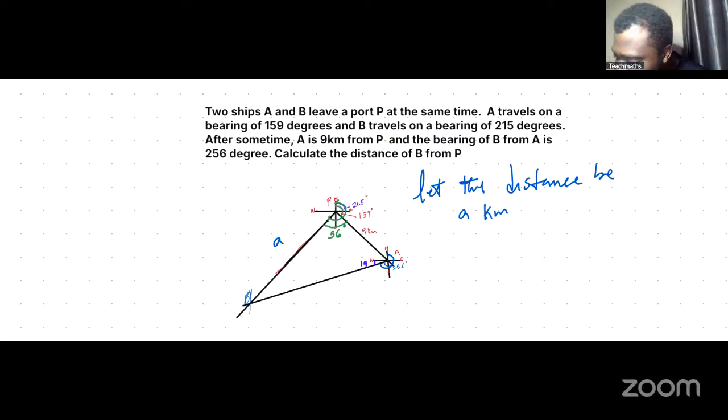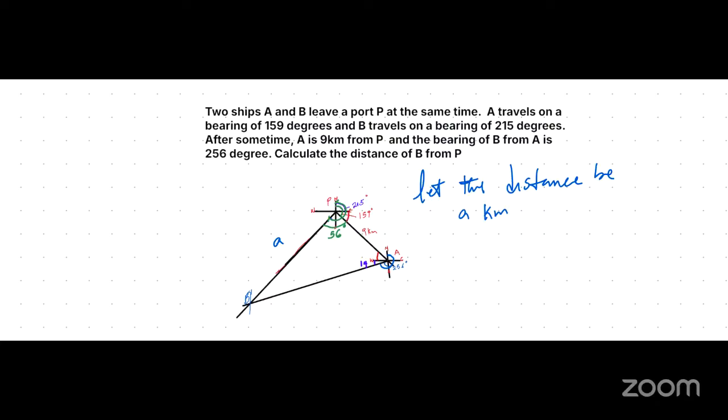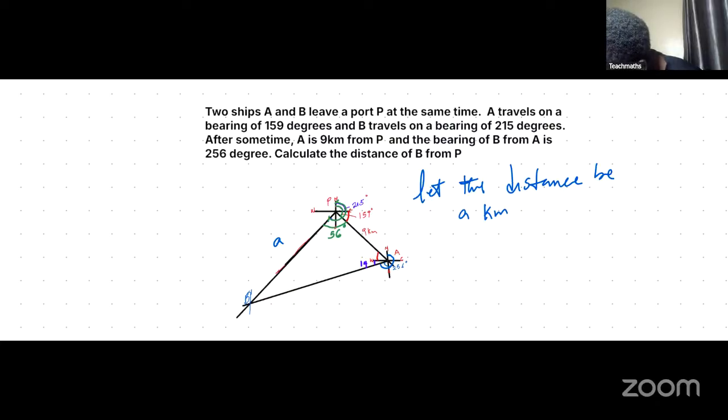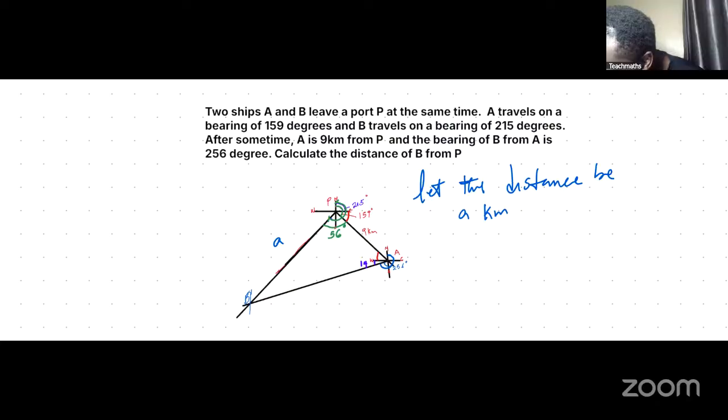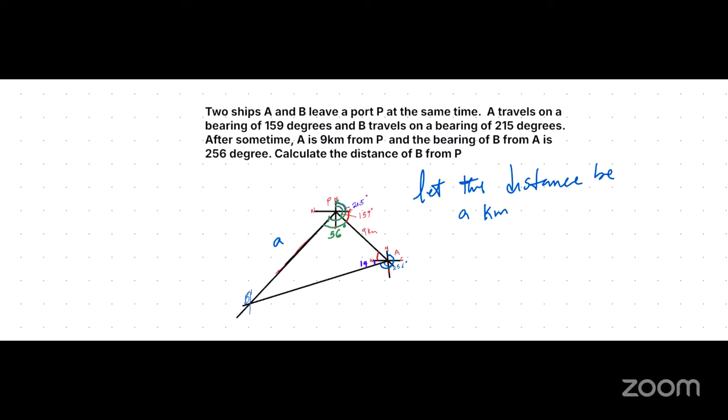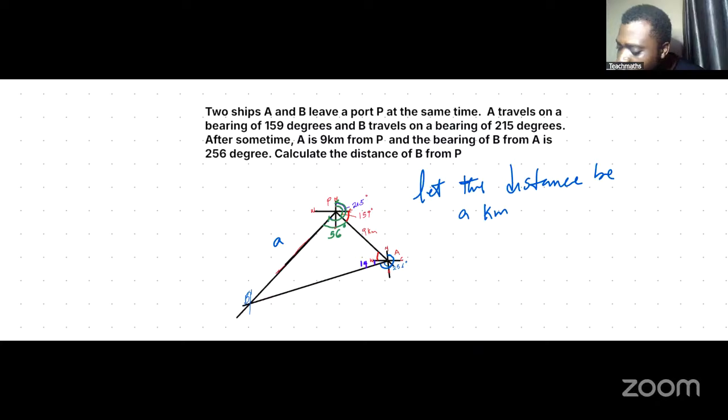Now this angle here, let me use this color. This red angle and this red angle here, I suppose, will be alternate to each other, right? All right, so now the problem is how do we find this red angle here? 180 minus 159. No, hold on.